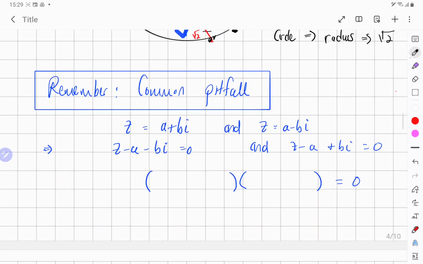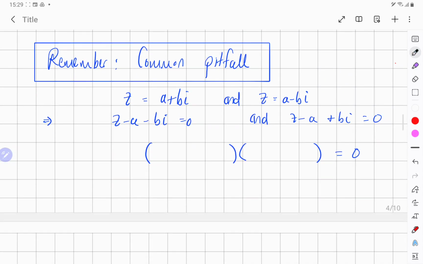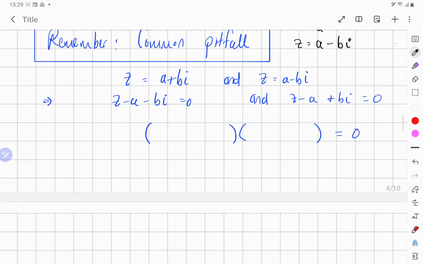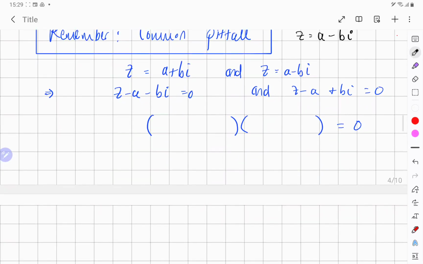Now, something I want to mention, also a common pitfall that students make. It is not wrong, but it's just very useful for later. So when we are given that a plus bi is a root, and we know that the conjugate is also a root, and they ask us to find the polynomial or the factors.